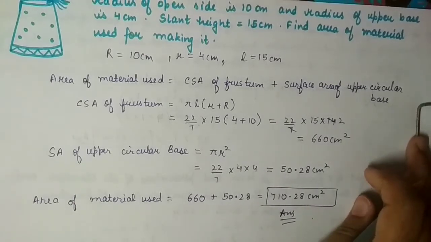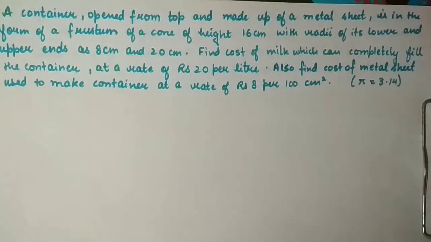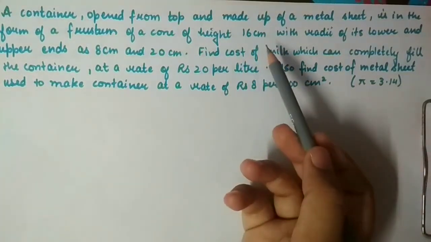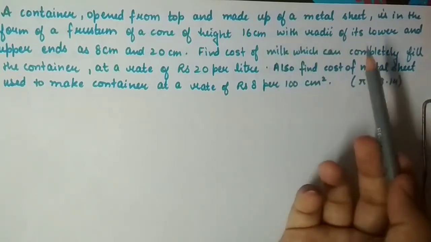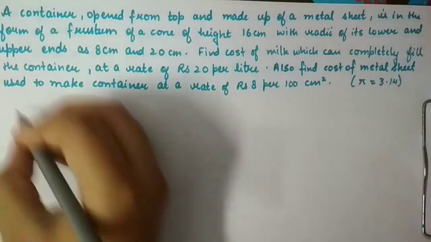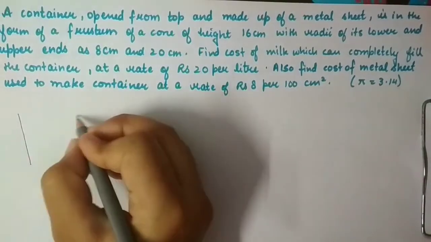Now let us see the next question. A container opened from top and made up of a metal sheet is in the form of a frustum of cone of height 16 centimeter with radii of its lower and upper ends as 8 centimeter and 20 centimeter. So this would be the shape of the container.